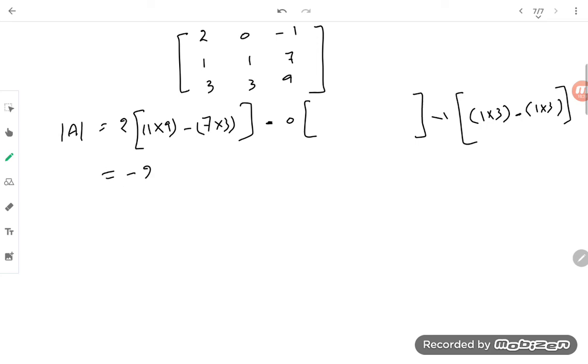So the value will be negative 24. Now we are going to interchange a row and a column. So we are going to have a new matrix, and calculate the determinant in this case. It will be negative 24.